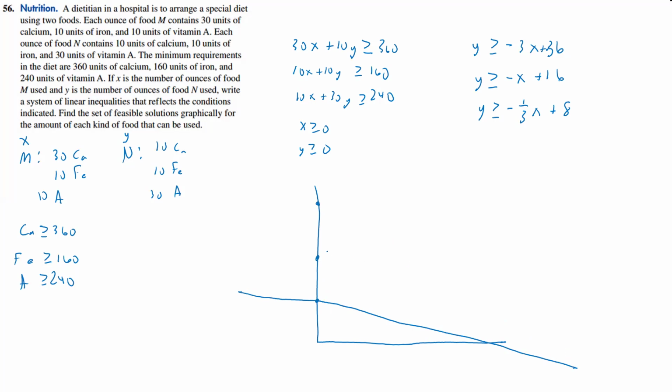The one at 16 is a little steeper, and the one at 36 is pretty steep, so it's going to come down like this.